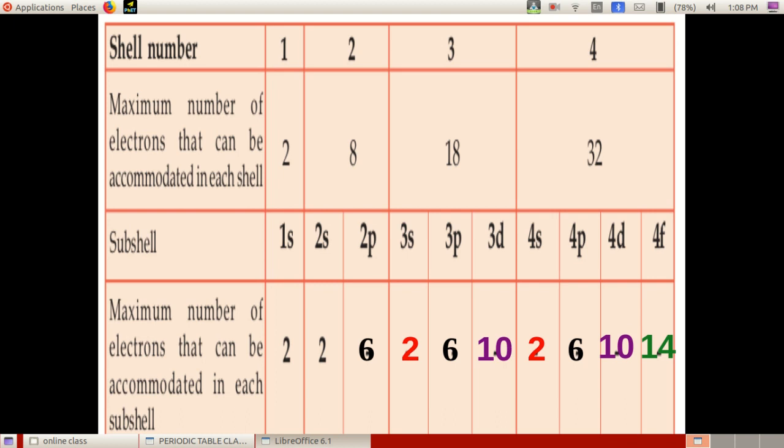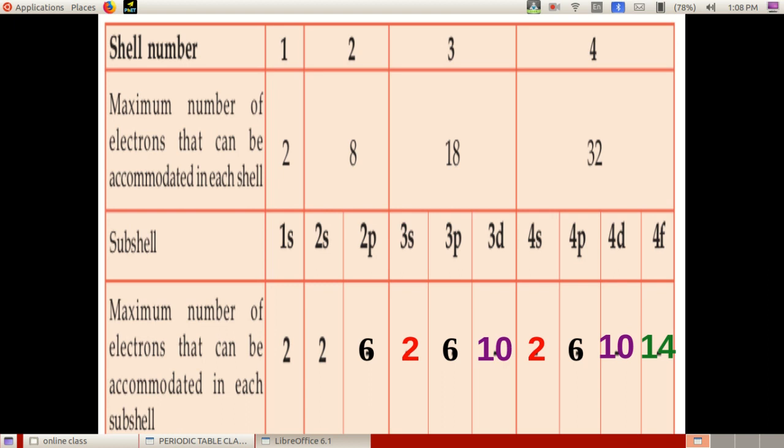You know the maximum number of electrons that can be accommodated in each shell. Then how many electrons can be accommodated in each subshell? In shell number 1, maximum number of electrons is 2.